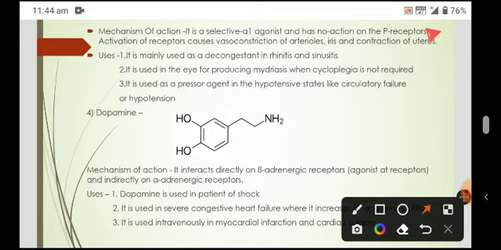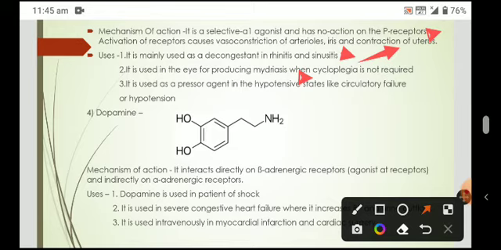Second, activation of this receptor causes vasoconstriction of the arterioles, iris and contraction of the uterus. Third point, uses. It is mainly used as a decongestant in rhinitis and sinusitis. It is used in the eye for producing mydriasis. And third, it is used as a pressor agent in hypotensive states. So these are the uses of phenylephrine.